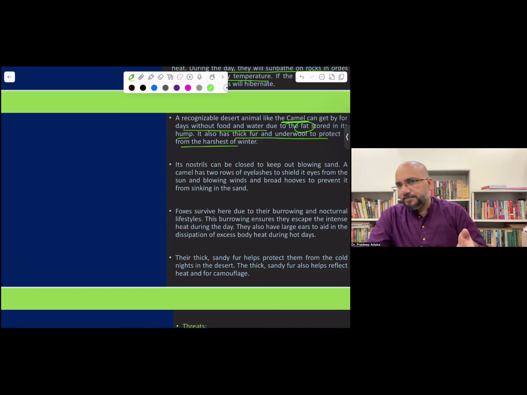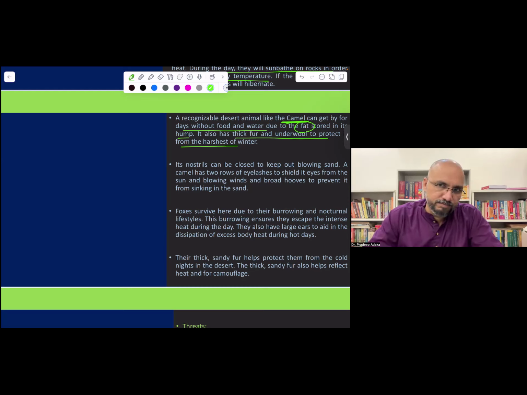Whenever it drinks or eats, it drinks large quantities of water, and it does not store water in the hump. People get mistaken that it stores the water, but no, the hump is basically fat. Fat is stored in the hump.